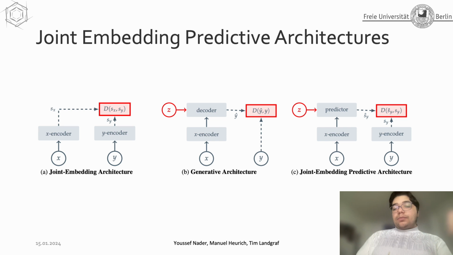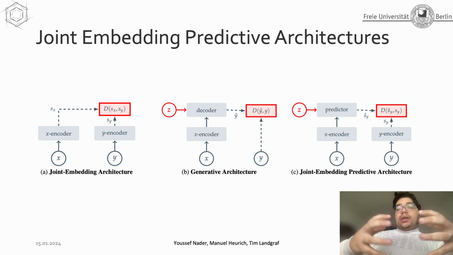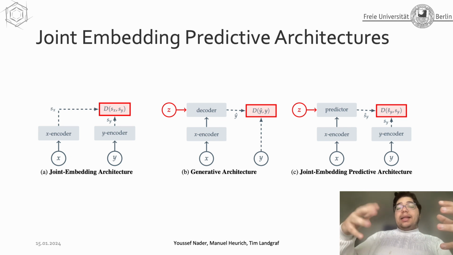So you have an input X. This could be a corrupted input. You feed it into the encoder, and then you have some representations that predict some latent space representation. So now this is S of Y, this is not Y. So your predictor is not outputting the raw pixel values, but it is trying to predict some representations.